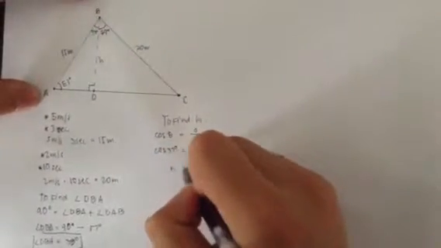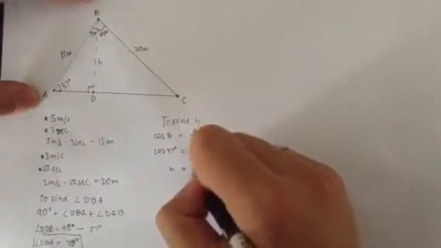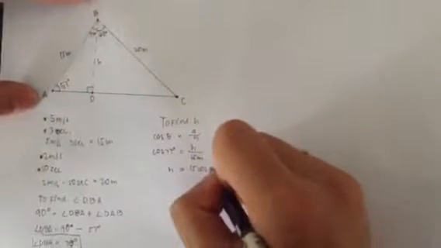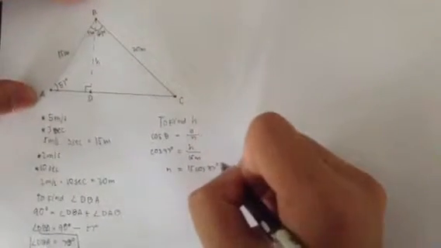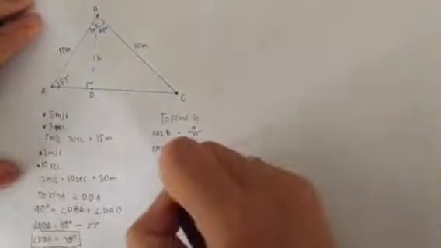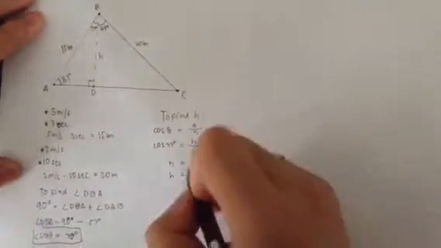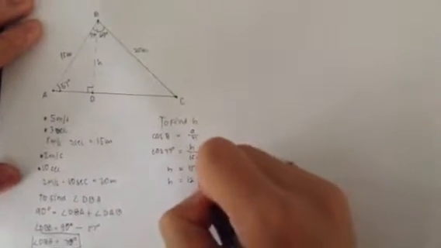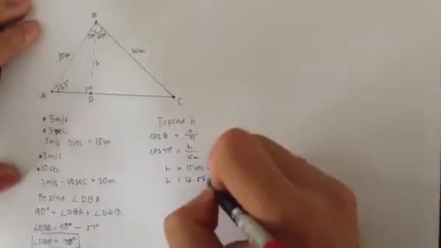So, H would be equal to 15 cos 33 degrees. So, the value of H would be 12.58 meters.